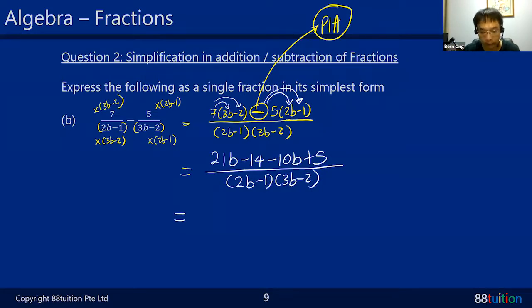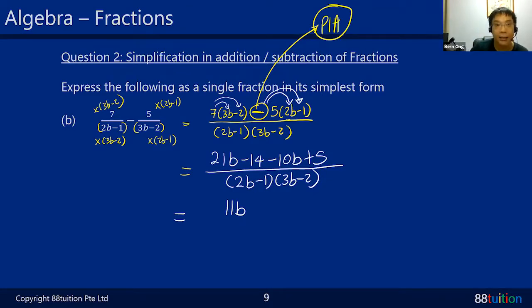Don't do extra work. So now, how do you simplify? Simplify means you put the same family members together. 21b, 21 baboon, minus 10 baboon will give you 11 baboon. B is baboon. Or you can say 21 burn minus 10 burn is 11 burn. And minus 14 plus 5. You owe me $14, but you return me 5.